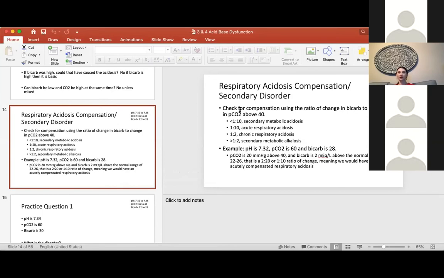I keep saying bicarb, I meant to say CO2. Our CO2 is 60, so that's 20 over our 40. Bicarb is going to be 2 milliequivalents per liter over the normal range, so that's a 2 to 20, or a 1 to 10 ratio. So with our 1 to 10, it's going to be acute respiratory acidosis.